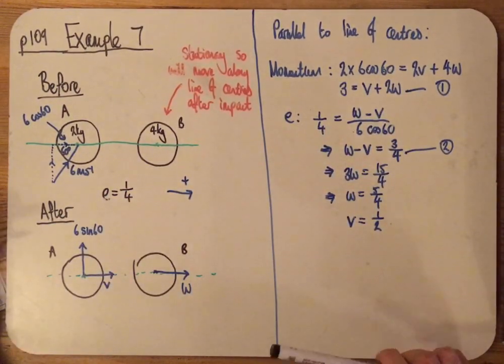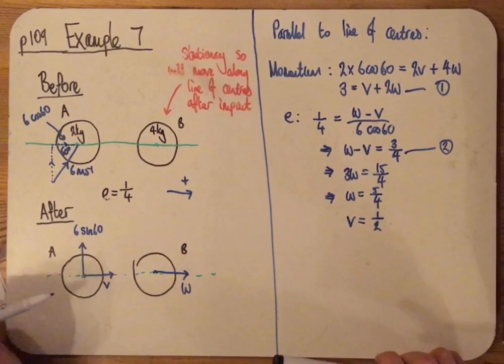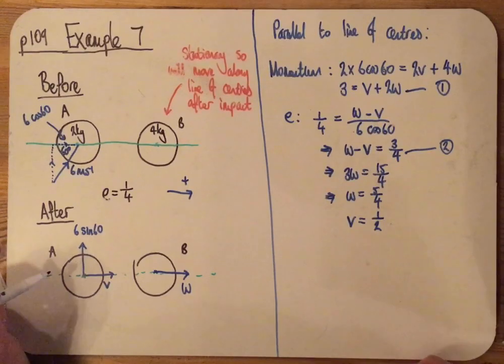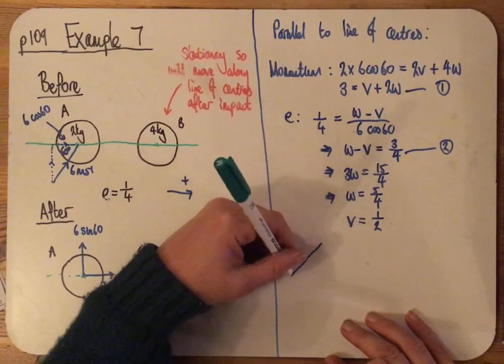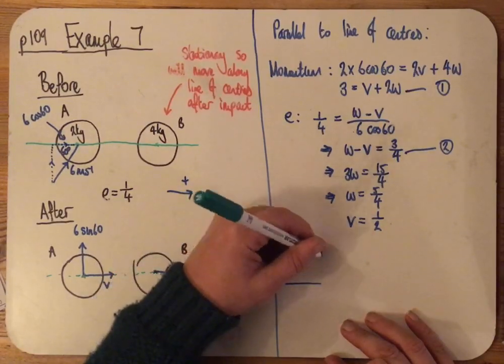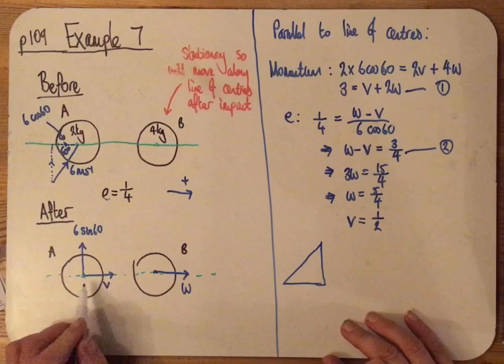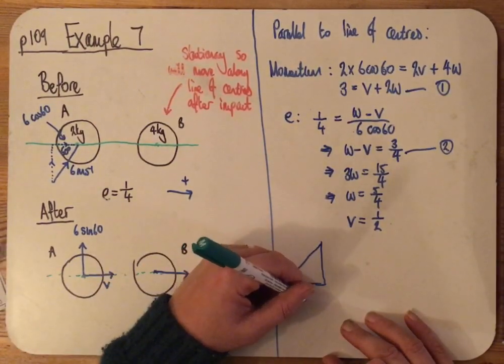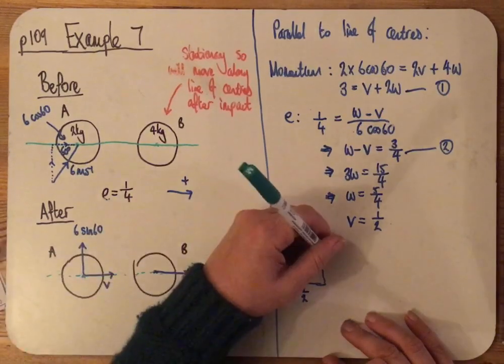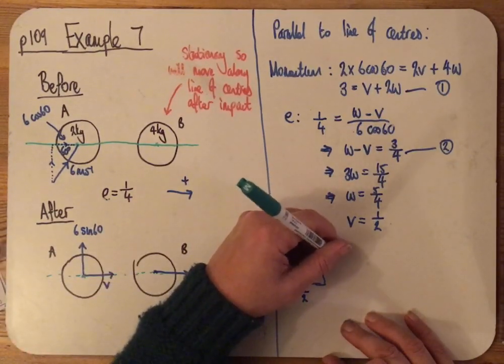We want the speed, the velocity of A and B after the impact. So to find the velocity of A, we know V's come out as positive, so it's going that way by 1/2. Vertically, 6 sin 60 is 3√3.